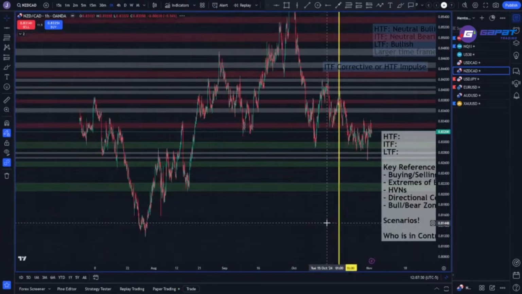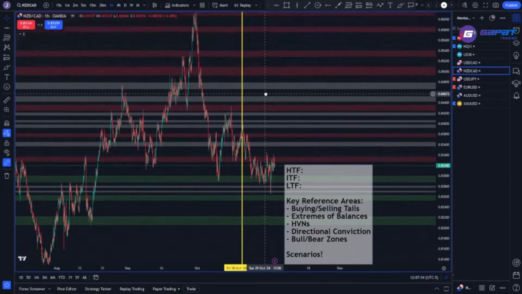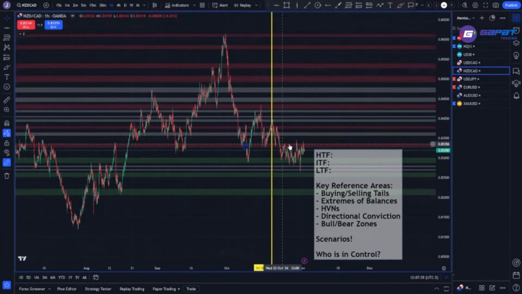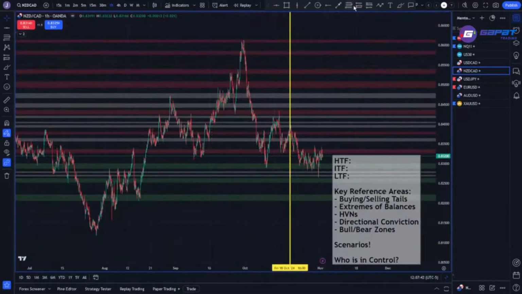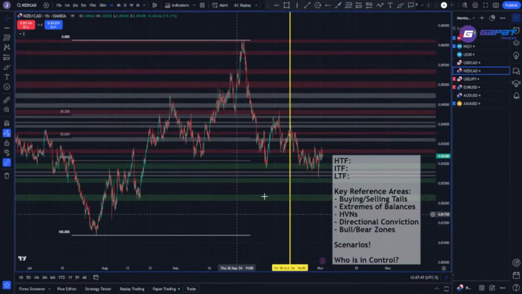So this chart, again, was one where we're talking about the timeframes fighting. So who is more in control of this chart? Is it the intermediate time frame or is it the higher time frame? If we draw the fib from bottom to top here, we can see this is right near the 61.8%, which is why it's so important to defend this previous pivot here.